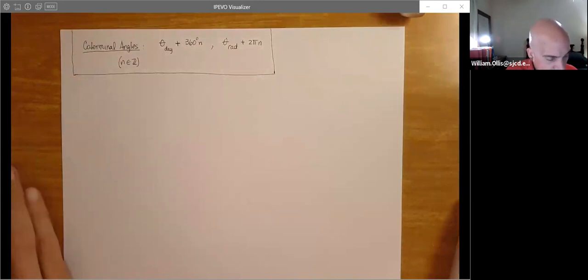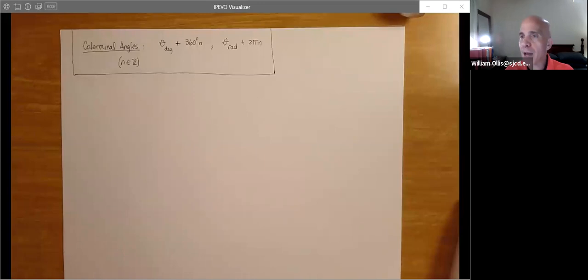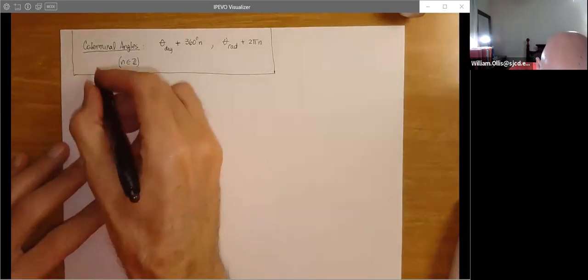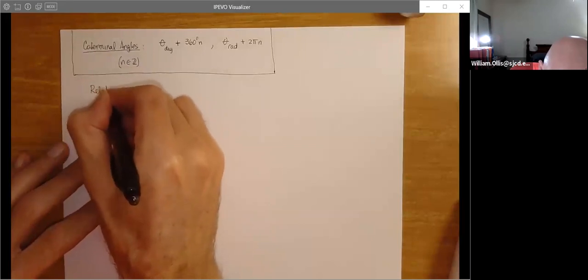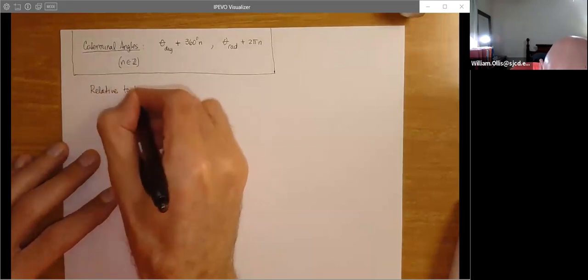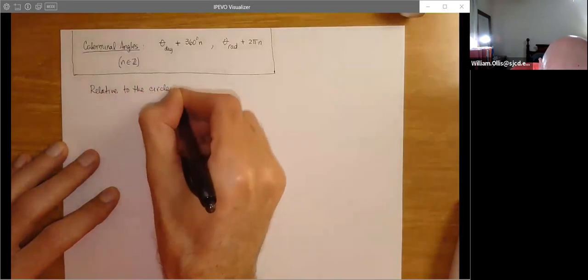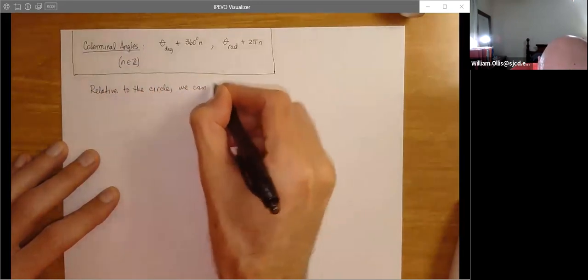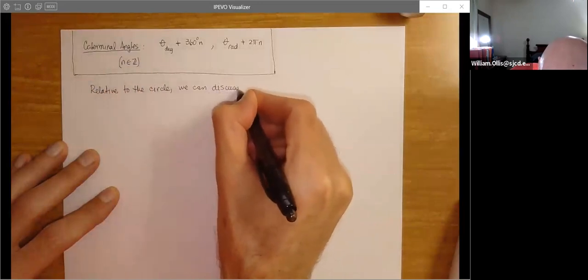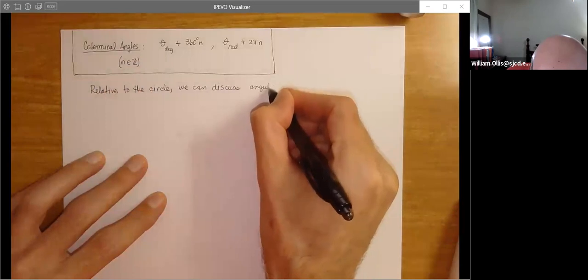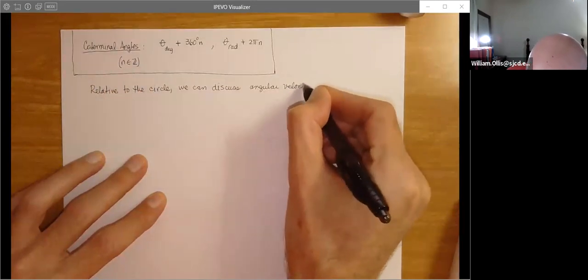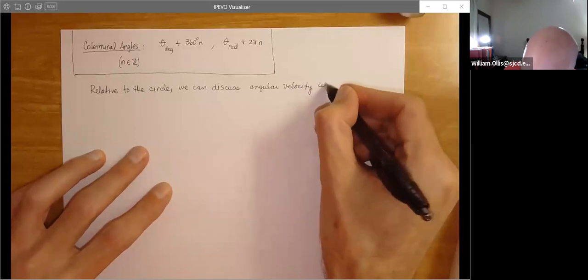Now what I want to do is say just a little bit and do some examples about angular velocity. And when I talk about velocity and linear velocity, we're going to talk about it relative to a circle. So for instance, relative to the circle, we can discuss angular velocity, and we're going to use a symbol omega.